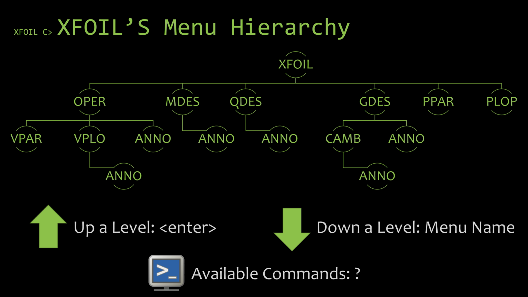So in this case, that would be the GDES, or geometry design menu that you see there in the tree. So if I go to that menu, I can find all the commands that I need to be able to perform that task, right? So Xfoil is a hierarchy of menus that contain commands based on what task you want to perform.